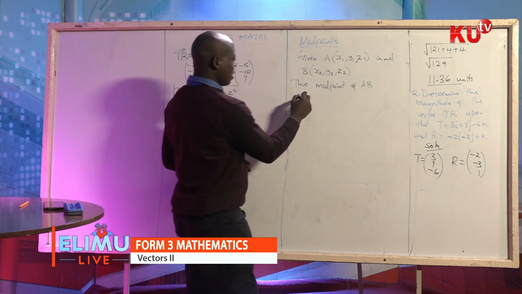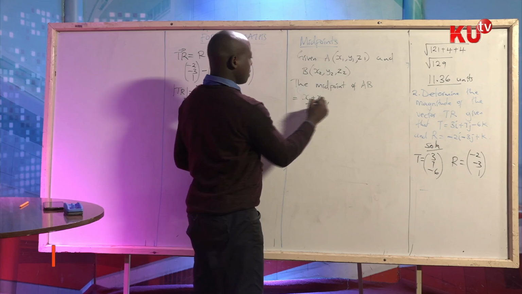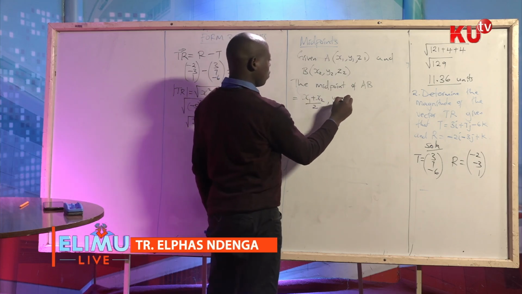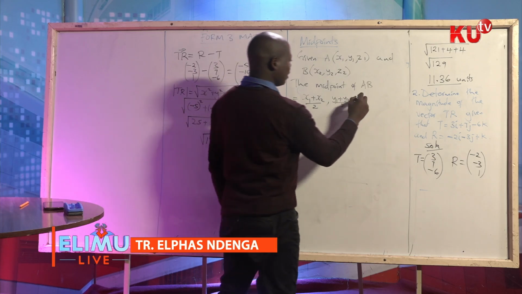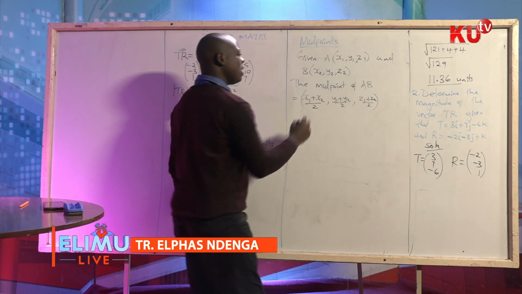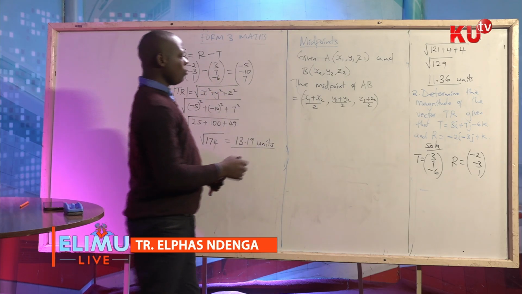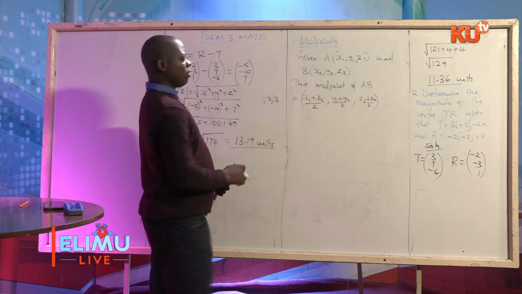That is x1 plus x2 over 2. Go for the y: y1 plus y2 over 2. And go for z: z1 plus z2 over 2. And then this has to be enclosed in brackets. We discourage students who write 1, 2, 3 as a coordinate and then leave it that way.